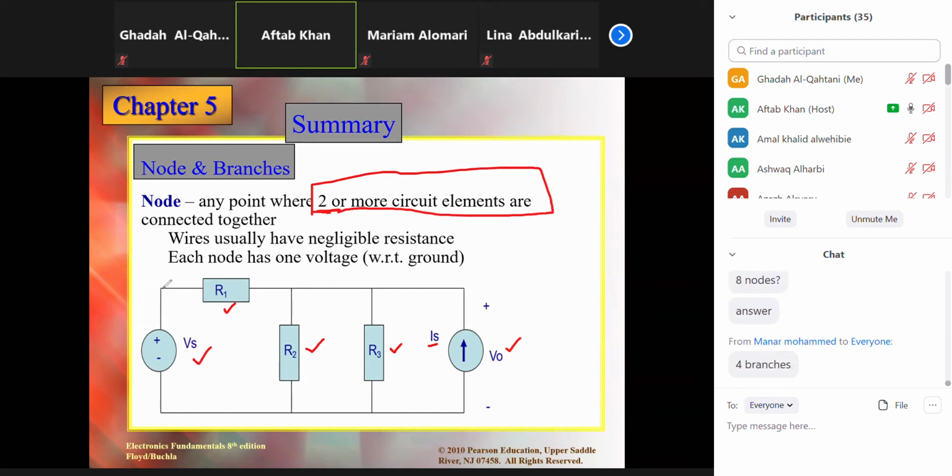Eight nodes. Okay. Is this an answer or a question? You put a question mark. Okay. Answer. Okay. What about others? Manar, four branches. Okay. What about others? Lina said 3. What is 3? Nodes or branches?